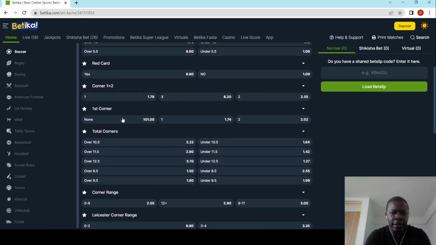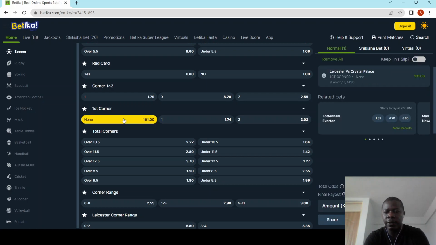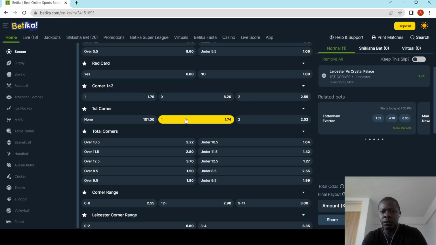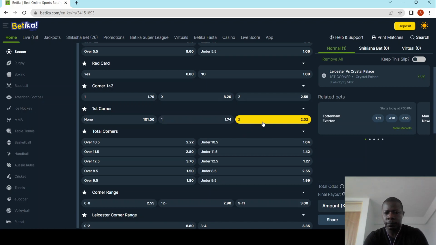So if you say none, it means the game will not have a corner. You have an odd of 101. If you say the first team will get the first corner, the odd is here, which you can bet on. Or if it is a home team, you have a two there, which you can also bet on.